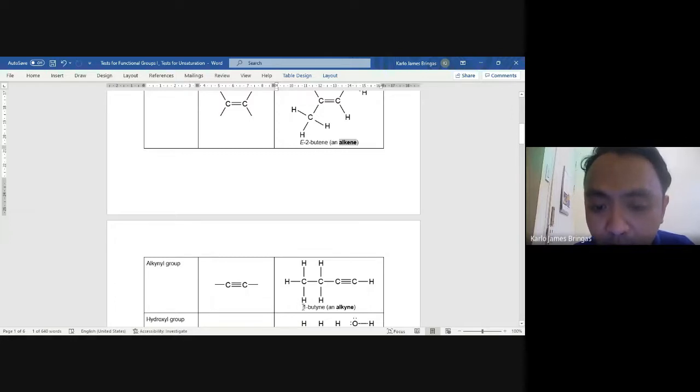So in particular, you have here pictured 1-butene. So in this 1-butene, you can see na meron kang carbon here sa pinakadulo, bonded to another carbon, and between them, mayroong triple bond.